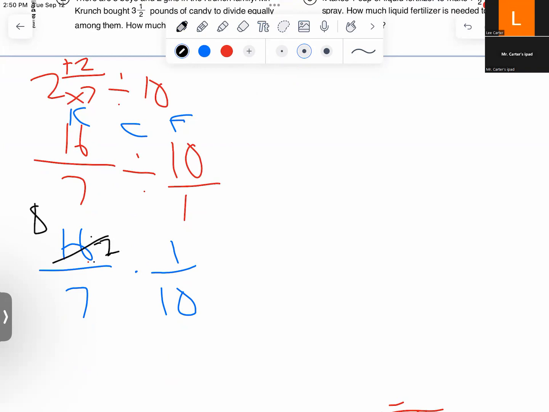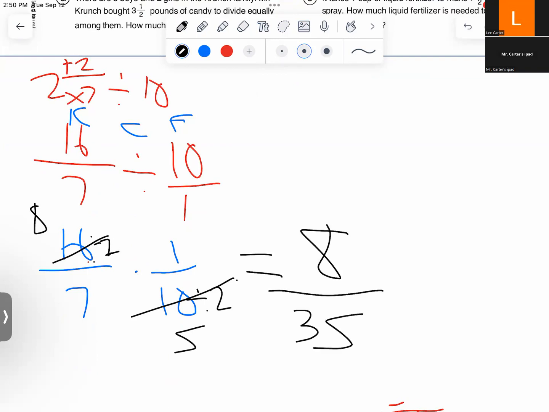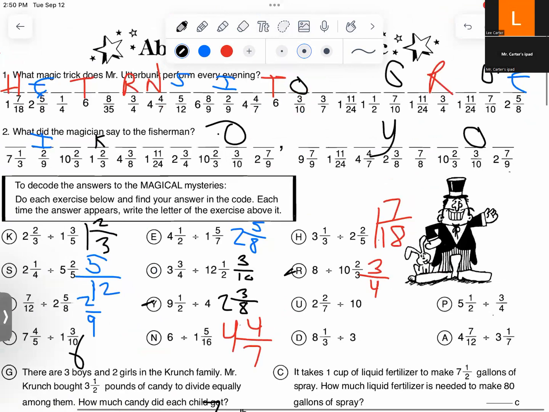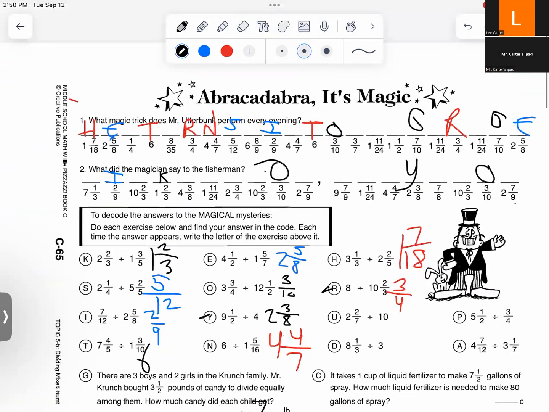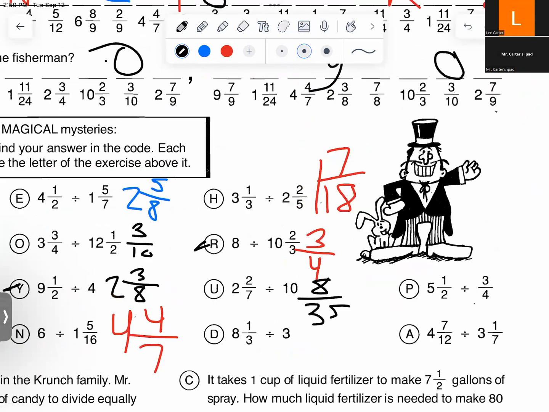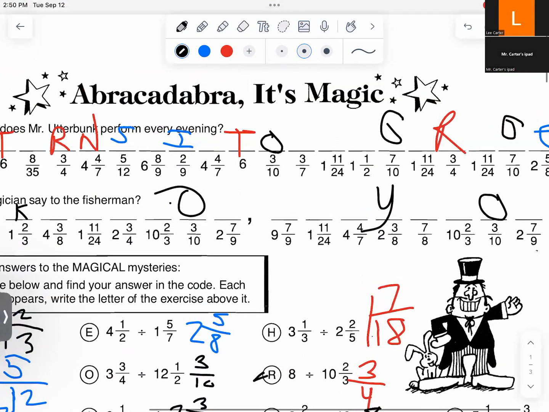So that's going to be 8. And this guy right here is going to be 5. So now we have 8 left on the top, and 7 times 5 is 35 on the bottom. Nothing funny with that one. All right, so then 8/35, there it is, which tells me I'm on the right track there. So we got a U right here.